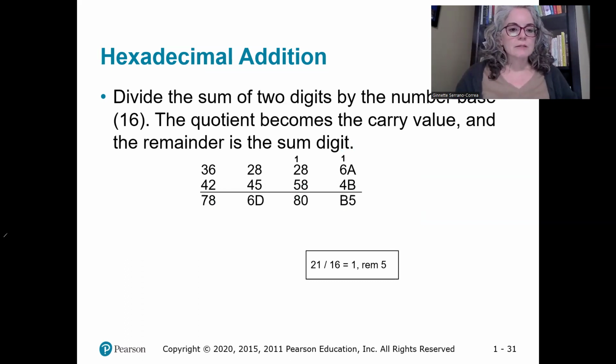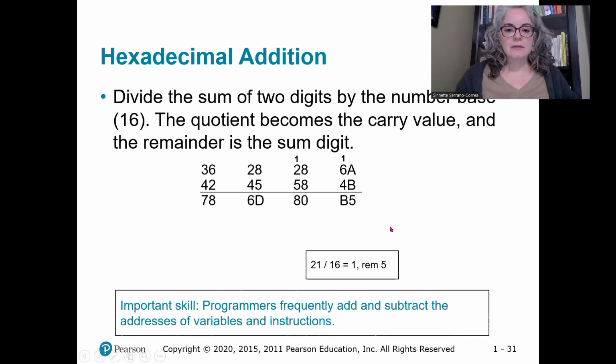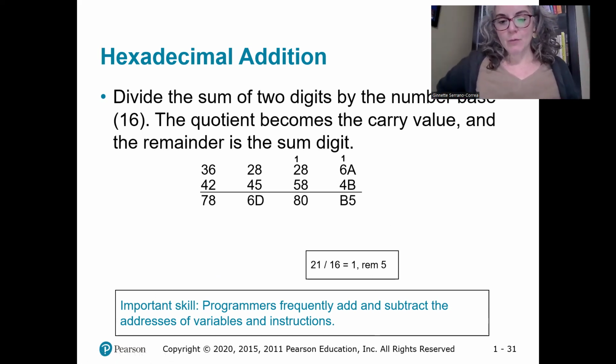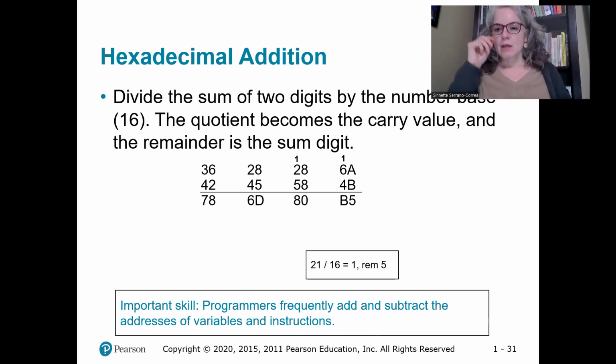Clear all drawings. Let's go to the next slide. Okay, so I haven't really been talking about the why. Why do we need to know all this? So in programming, we represent addresses as hexadecimal numbers. If you've taken my class, I always talk about that, right?